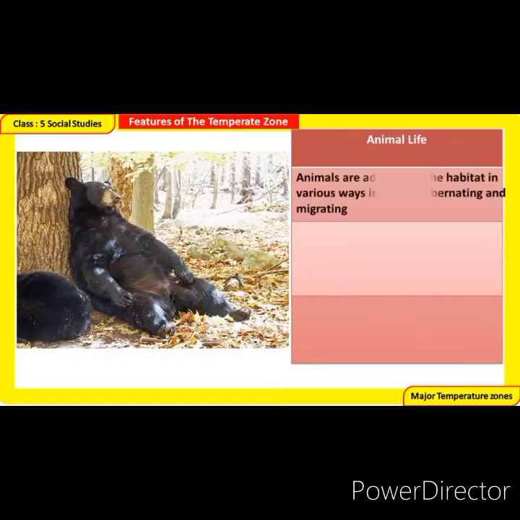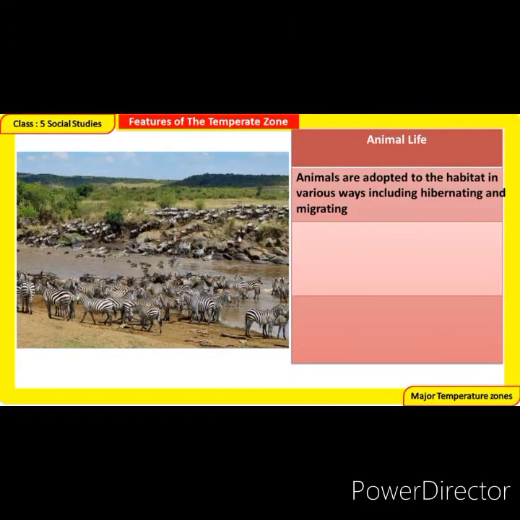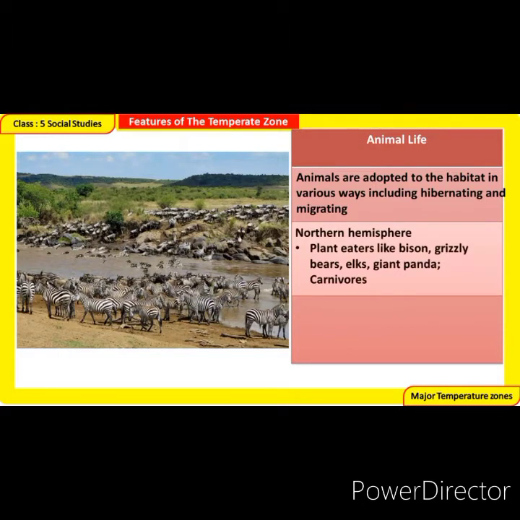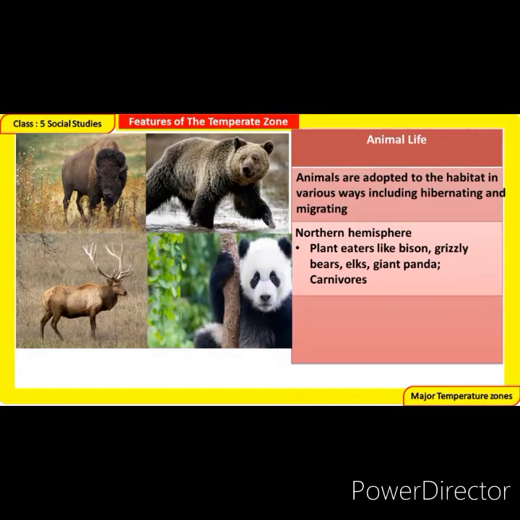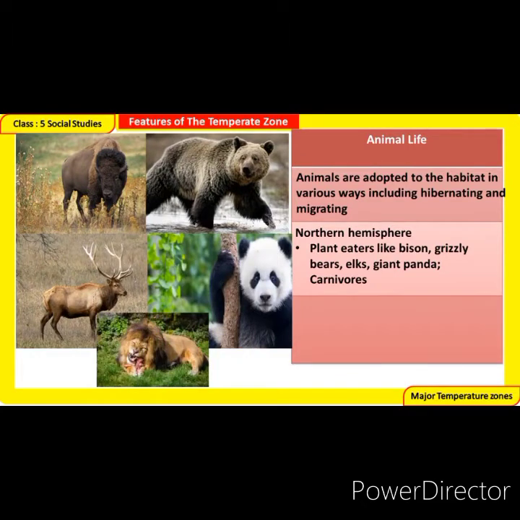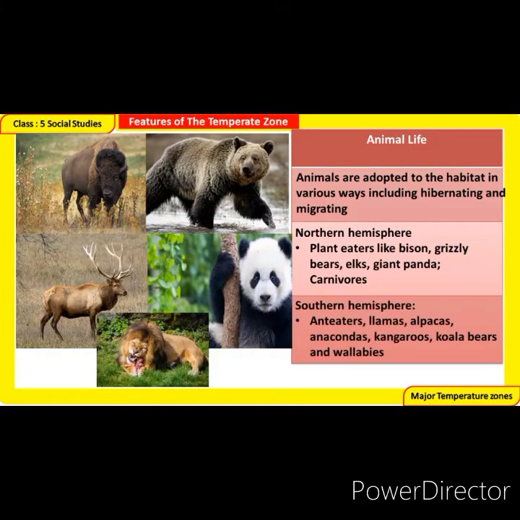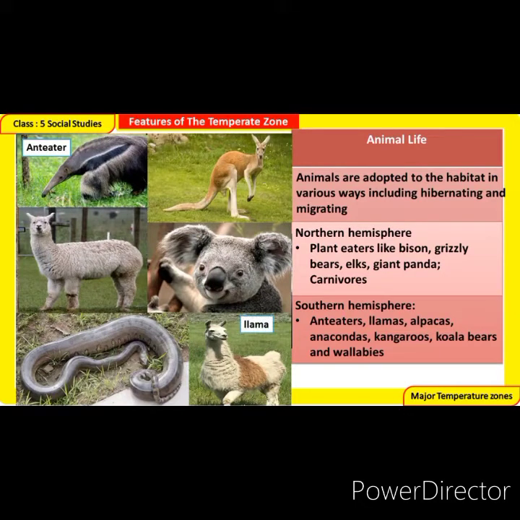Deciduous trees that shed their leaves like oak, beech, maple, elm. Coniferous trees are also found, which are tall, straight cone-bearing trees with needle-like leaves. Then the Mediterranean area has mixed vegetation.